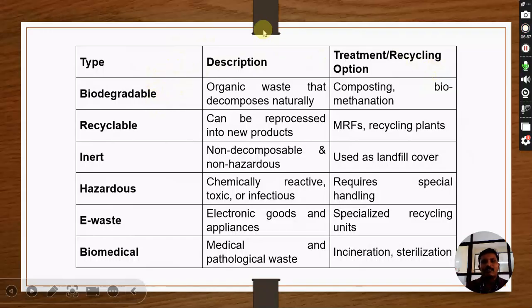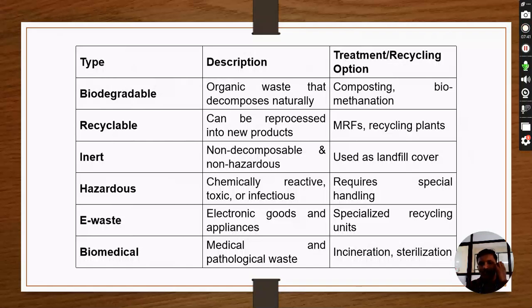For example, biodegradable waste is organic waste that decomposes naturally, so composting, vermicomposting, pit composting or biomethanation are suitable methods. Recyclable waste can be reprocessed into new products, for example through MRF, material recovery facilities, and recycling plants. And inert waste is non-decomposable and non-hazardous material. It is used as landfill cover.